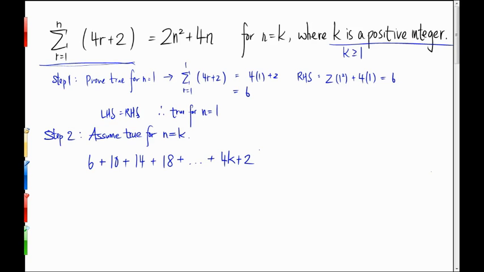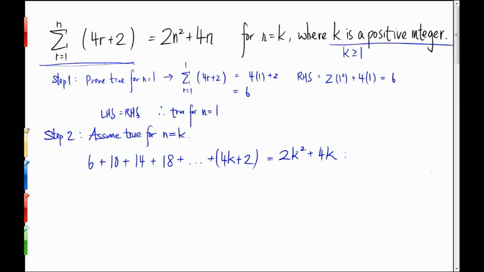So 6 plus 10 plus 14 plus 18 plus, go all the way to the end, and it's plus your 4k plus 2. So what the question is asking is to show this equals 2k squared plus 4 times k.